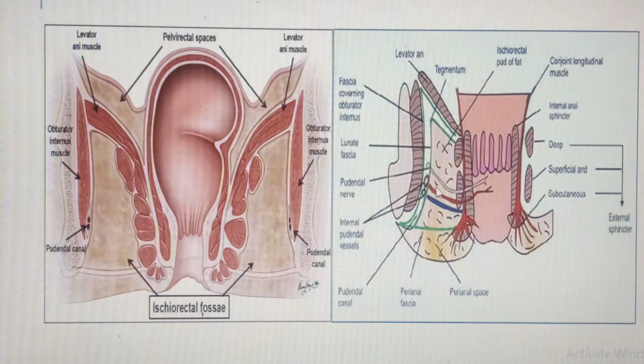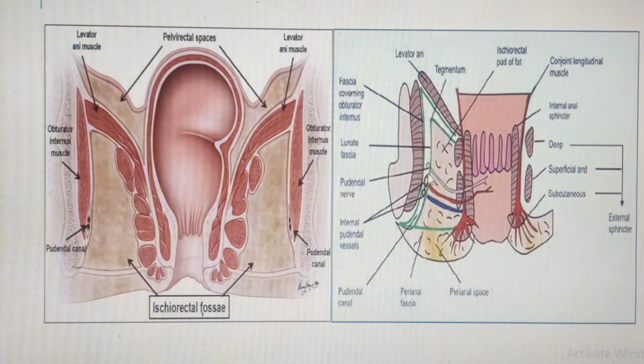So if I should show you this, what you are going to see is that those which are safe within the canal are the pudendal nerve and then, of course, the internal pudendal vessels. Whenever I talk about vessels, we are talking about the artery and the corresponding vein. But they all give off branches that run transversely to supply the lower aspect of the rectum.